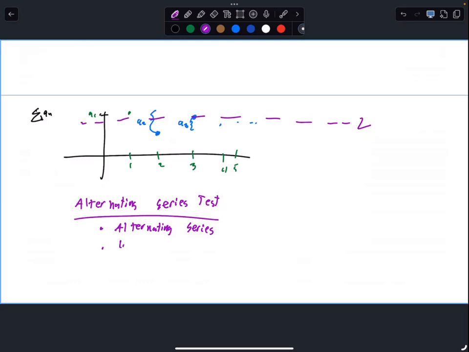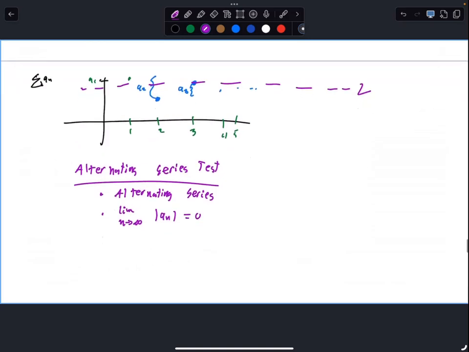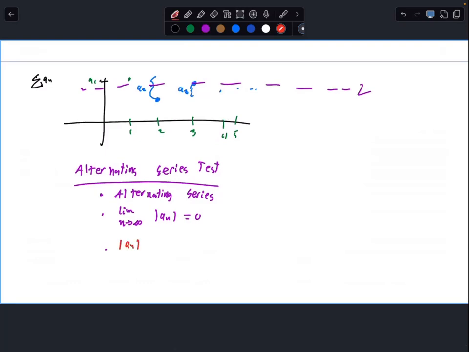The limit as n approaches infinity of the absolute value of a sub n is equal to 0. Technically, you should be stating that the absolute value of a sub n is greater than 0, but that's kind of obvious. I'm not really a stickler for that one. And that the absolute value of a sub n is decreasing.